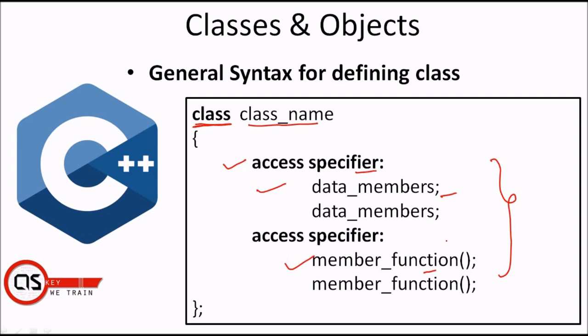In the previous slide I had given you a simple example about data members and member functions, but to define them: data members are the variables which are associated with your class. And member functions are the set of operations that are performed on the data members of your object.